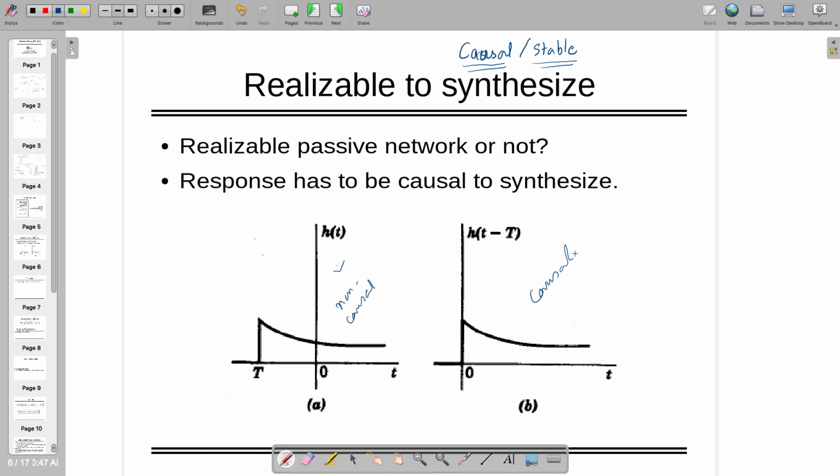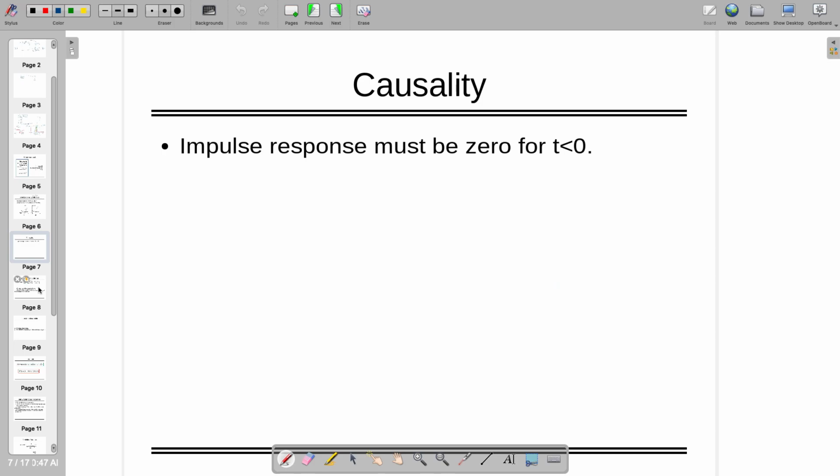So generally, if we are going into the definition, if you are looking at the impulse response, then the impulse response must be 0 at t less than 0. If that is the case, it's causal.